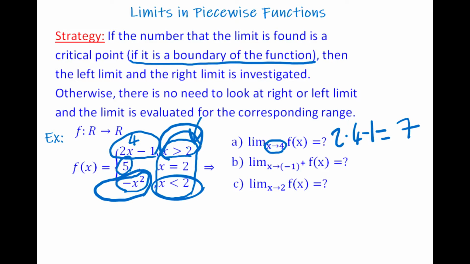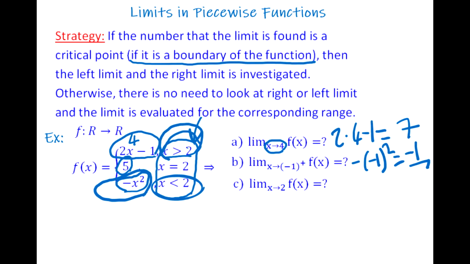So I will put -1 instead of x, and I'm going to have negative (-1) squared. -1 squared is +1, but because there is a negative in front of it, the result is -1. That means the limit when x goes to -1 from the right, and it doesn't matter if it would be from the left side, we would get the same answer. The limit of f of x is -1.